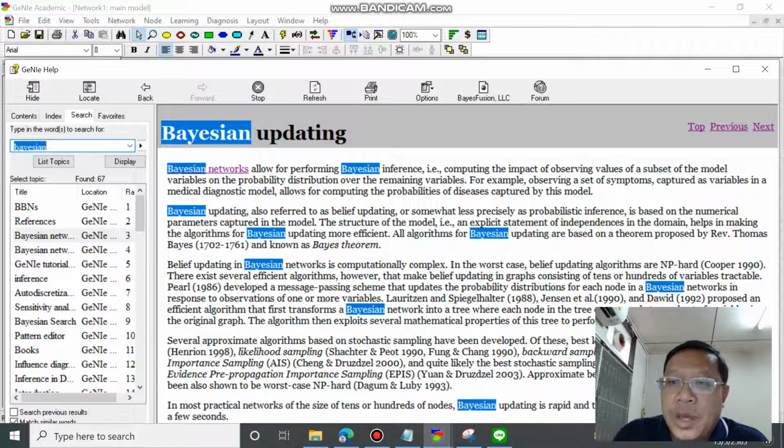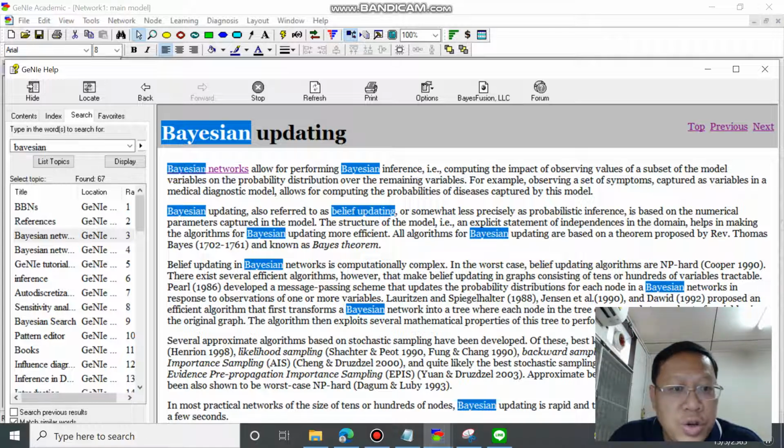For example, observing a set of symptoms captured as variables in the medical diagnosis model allows for computing the probability of disease captured by this model. And then you apply the Bayesian updating. You're going to update the model. Bayesian updating is referred to as belief updating, or somewhat less precisely as probabilistic inference.